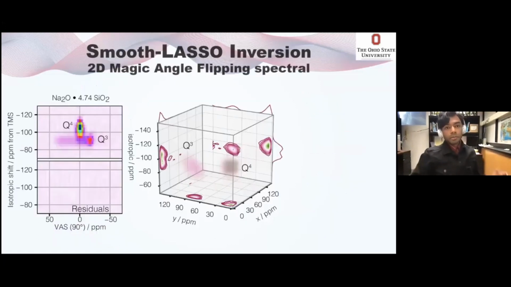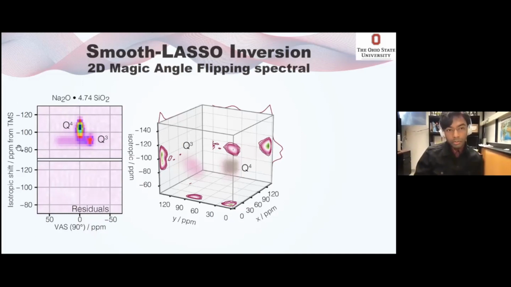Now, the experiment that I'm showing here is a magic angle flipping experiment, where you see a 90° anisotropy along the x-axis, the horizontal axis, and the isotropic chemical shift on the vertical axis.